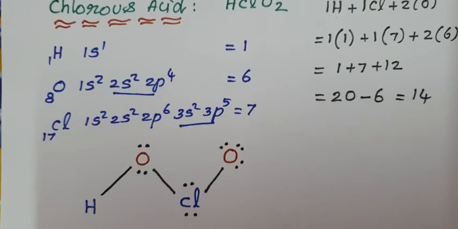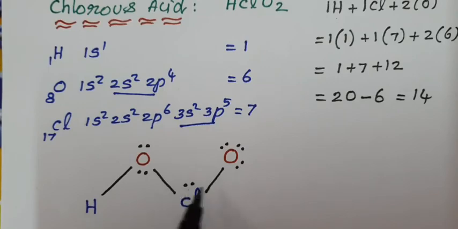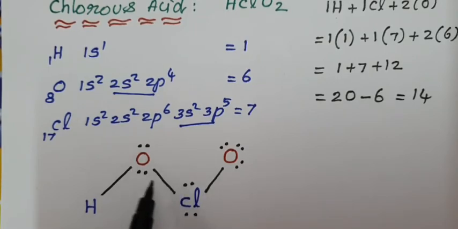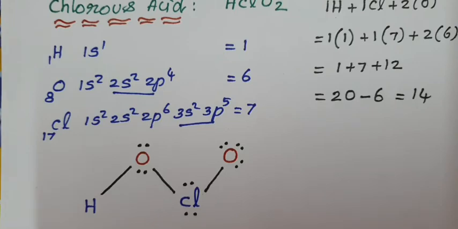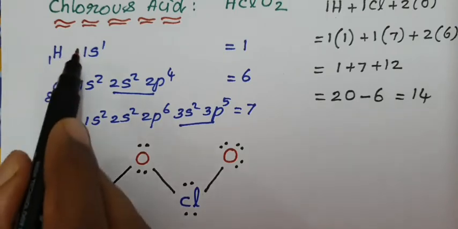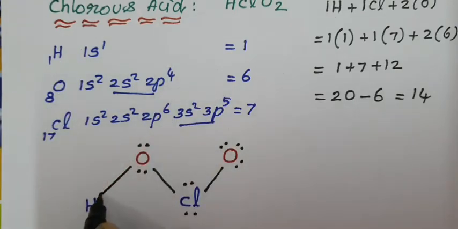Count the number of individual electrons. All the atoms get an octet: 2, 4, 6, 8, and hydrogen a doublet. Now count the number of individual electrons around each element. Hydrogen, there must be only 1 electron. Okay, no problem.